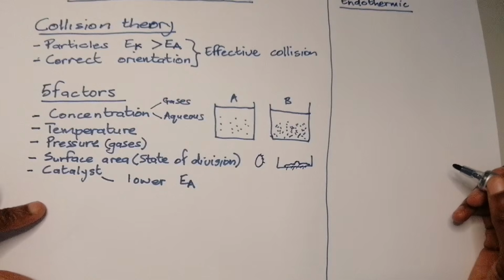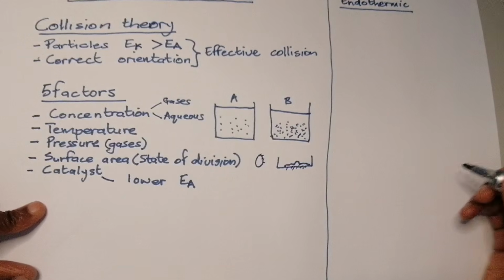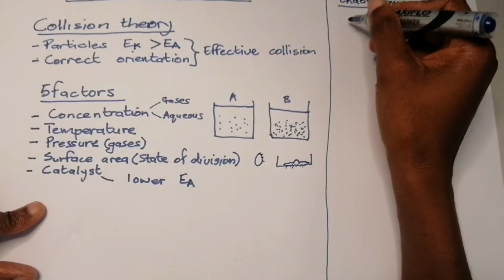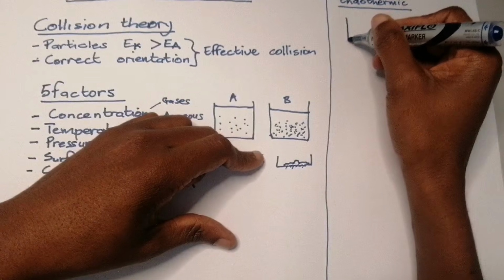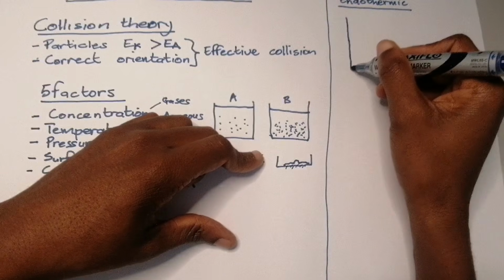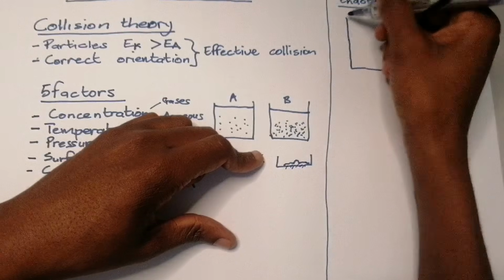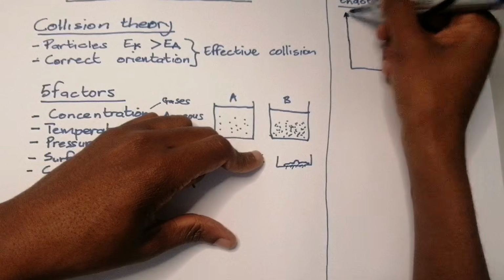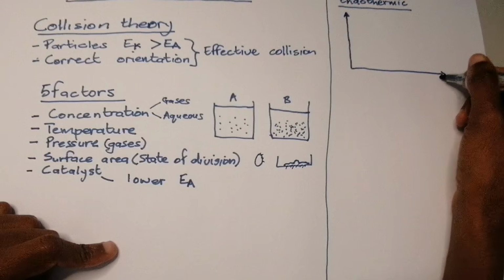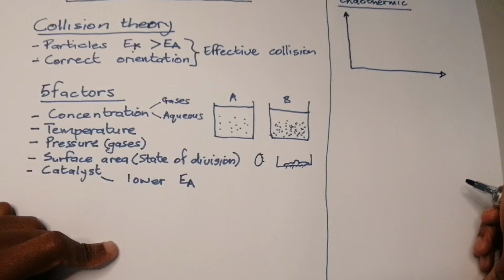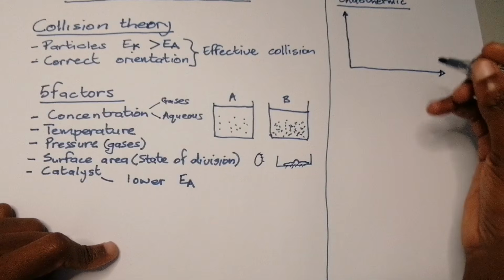Right, so in an endothermic reaction, what type of graph am I expecting? We've got a graph that shows us the heat of the reaction, or the enthalpy of a reaction, against what we call reaction coordinates, or the extent of the reaction.